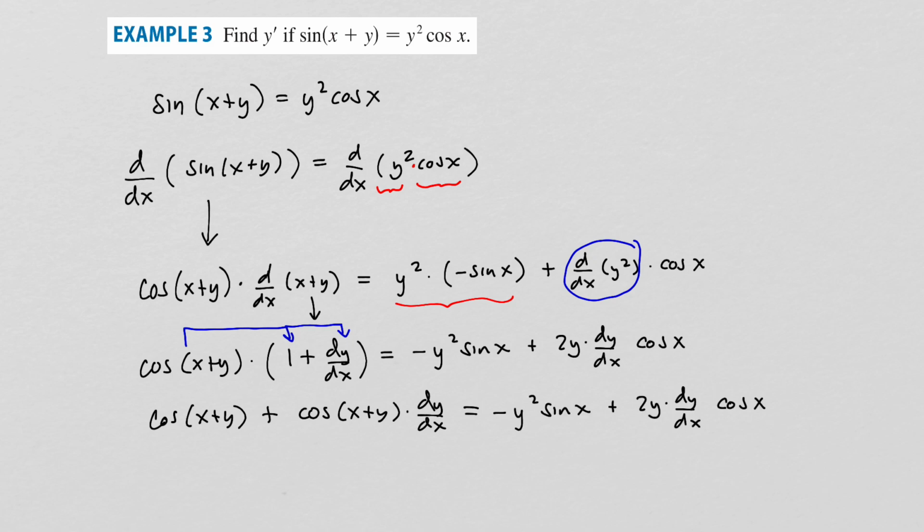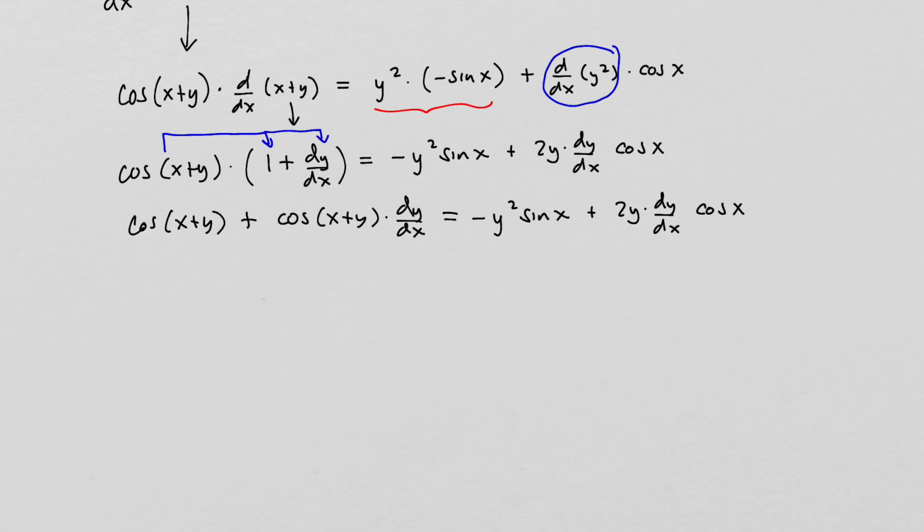Now we need to solve for dy/dx. So to do this, we have a term involving dy/dx here and a term involving dy/dx here. Let's get those on the same side. And so this term and this term that do not have dy/dx's also need to be on the same side. So in this case, what I'm going to do is actually take this term here and add it over to the left side.